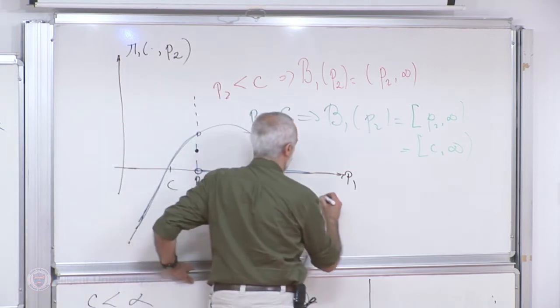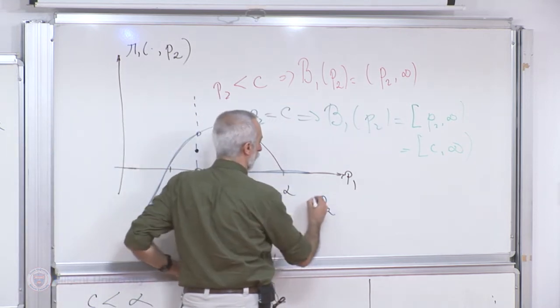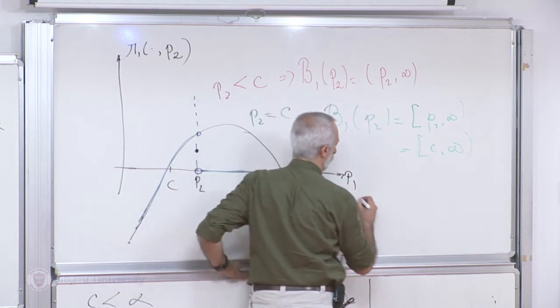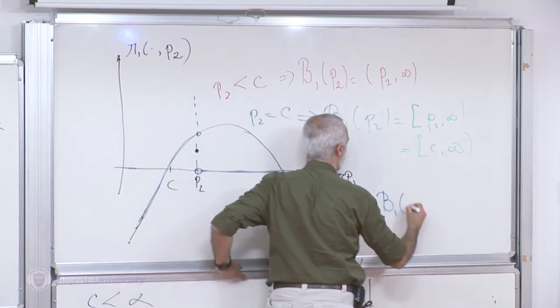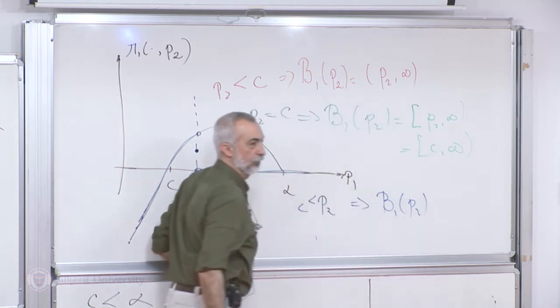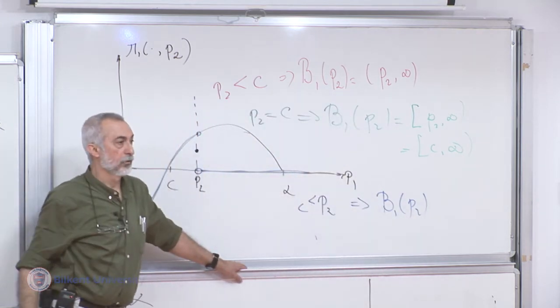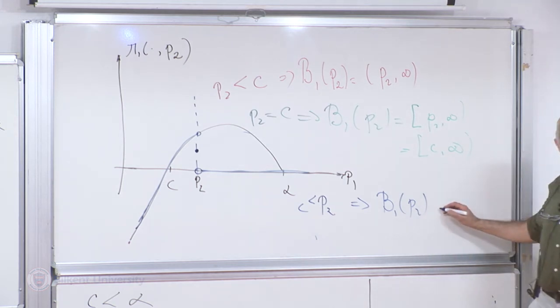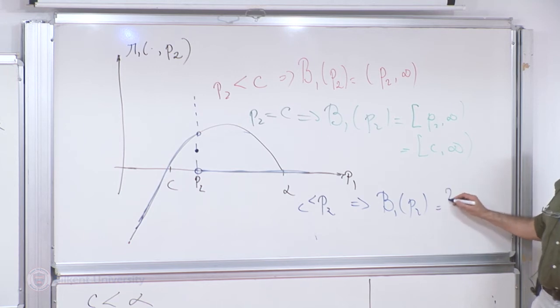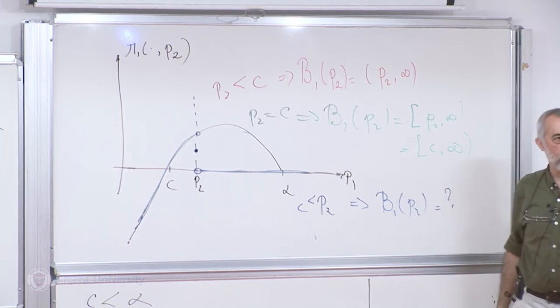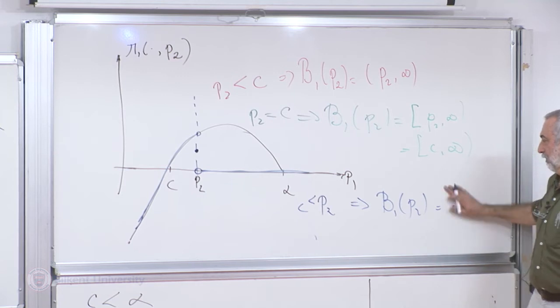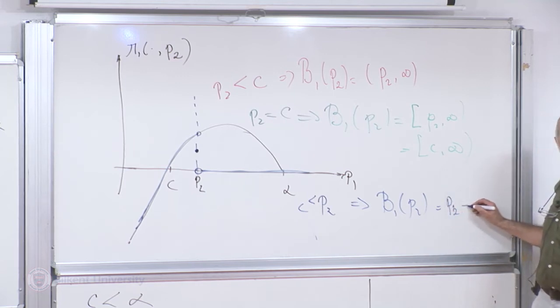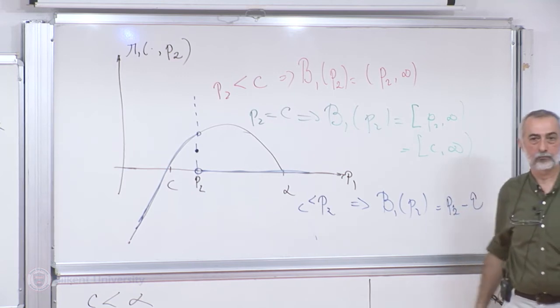So if P2 is bigger than C, then what is the best response of player 1 to P2? From C to P2. What is the best response? P2? Okay. P2 minus epsilon. Okay?